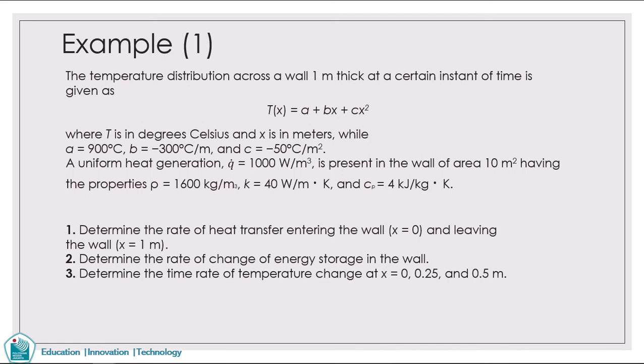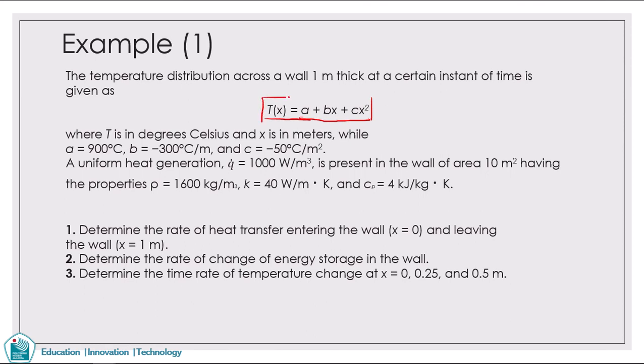So we know that the temperature distribution across a wall, the thickness of the wall is 1 meter, at a certain instant of time is given as the function A plus Bx plus Cx squared.